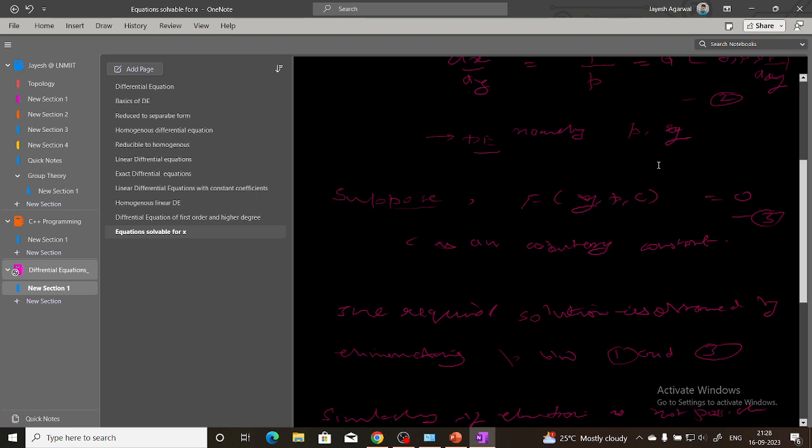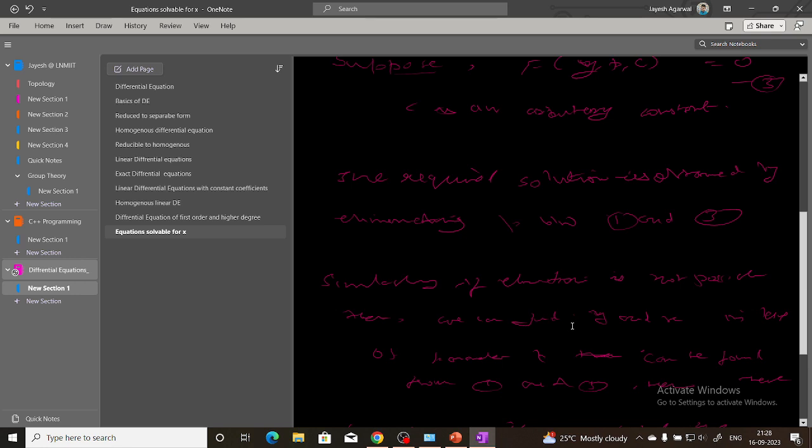And if we are not able to eliminate p from 1 and 3, then we can express the values of x and y in terms of the parameter.